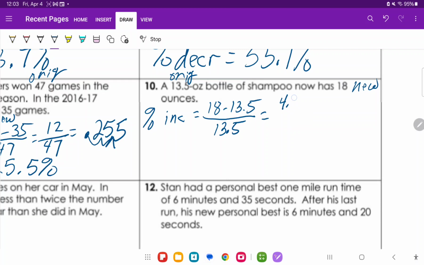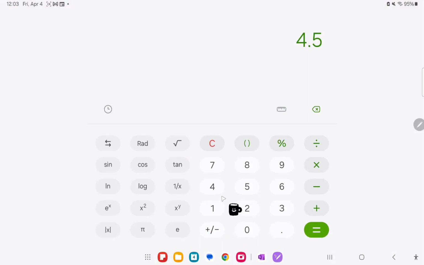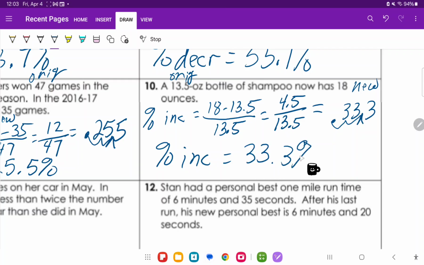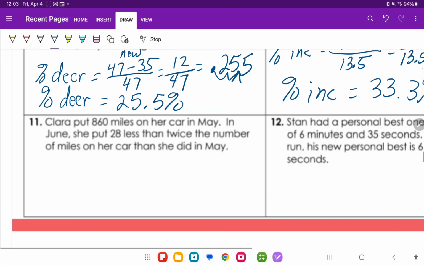So 4.5 divided by 13.5, that's going to give us 0.333. So the percent of increase is 33.3%.